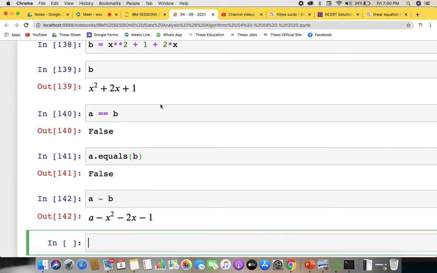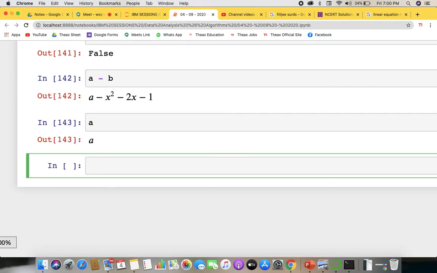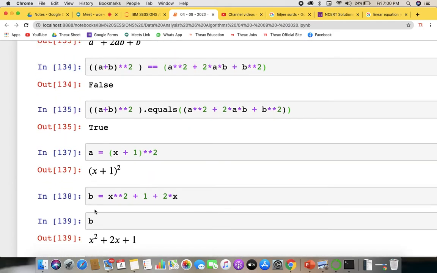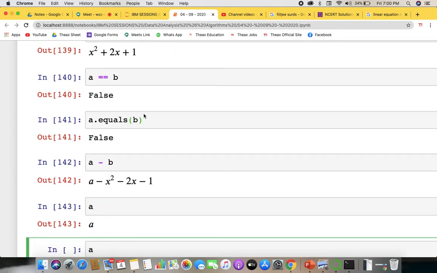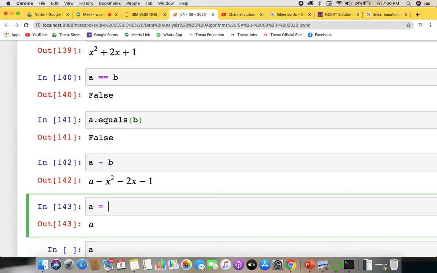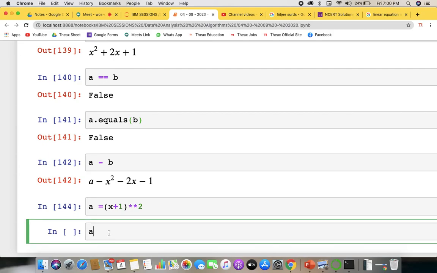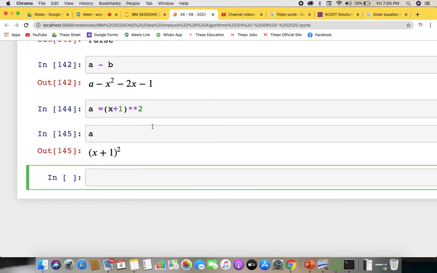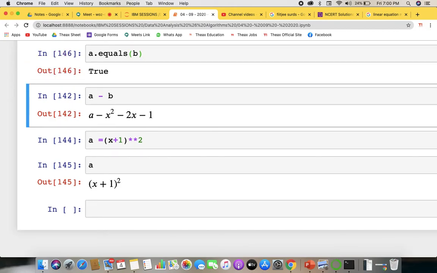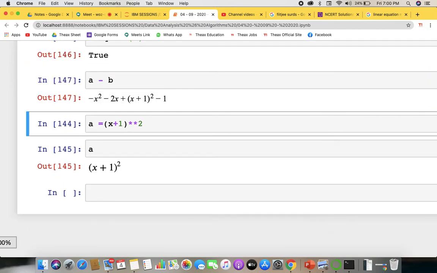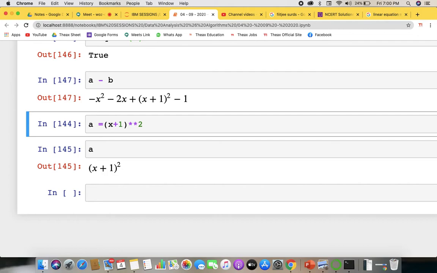Now, why is a's value not coming? Oh, a's value has not been defined, I think. Now it's okay. That's why I was thinking why it was not coming. So a minus b would be minus x square minus 2x plus x plus 1 whole square minus 1. But I'm not getting the result.